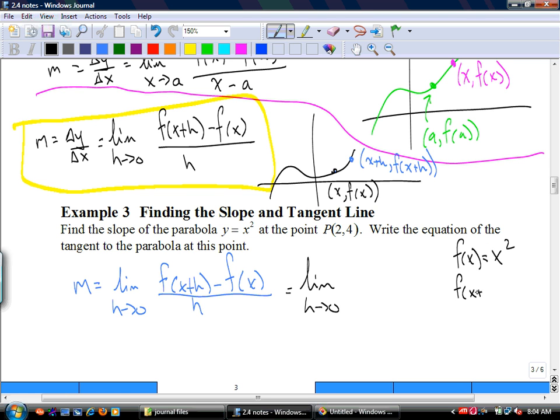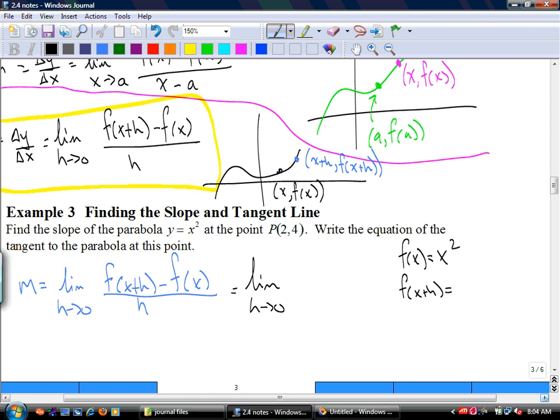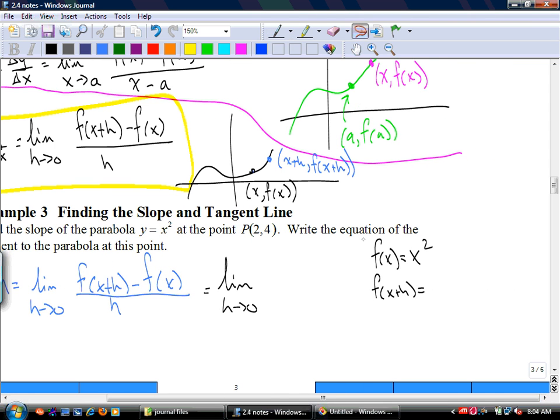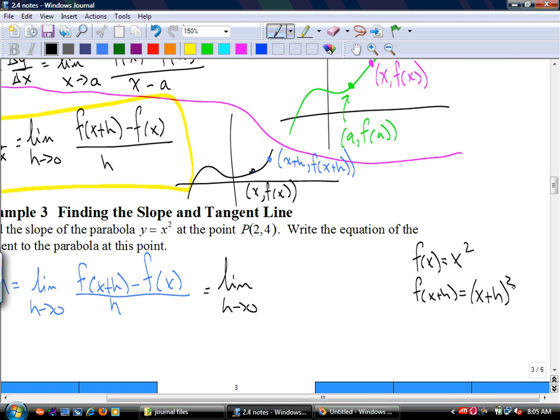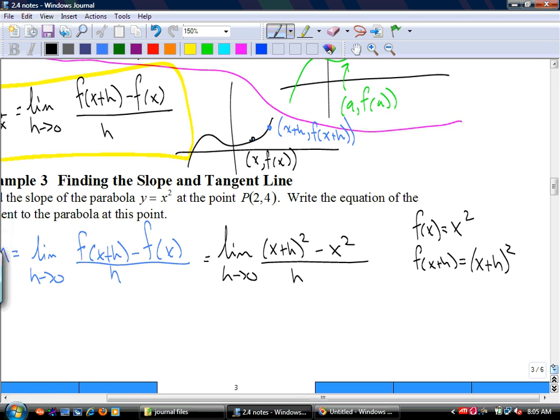F of x plus h is, folks, what's f of x plus h? x plus h all squared. Okay. Give me something you can do with this.